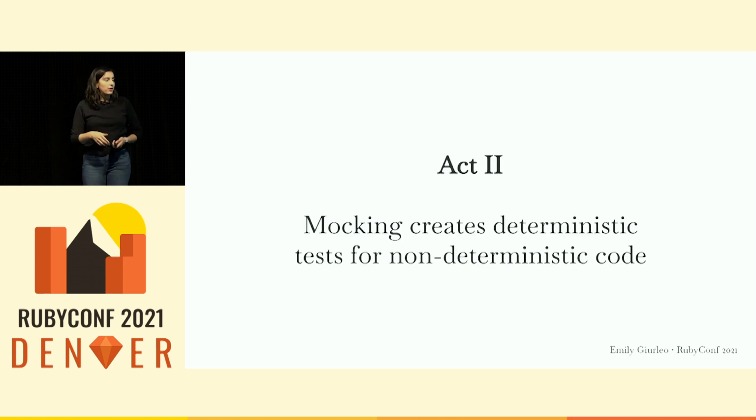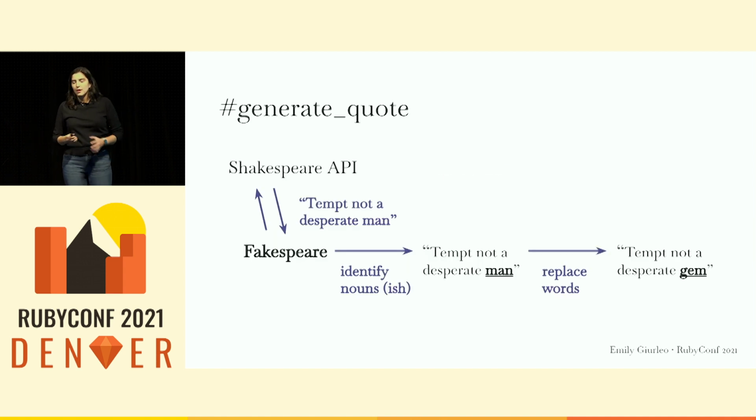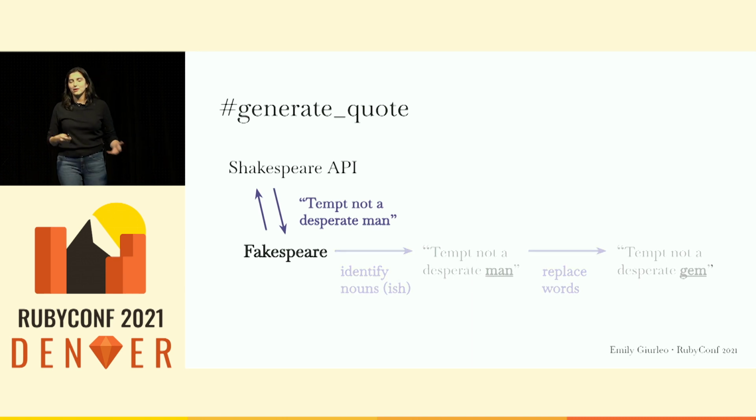The second scenario I wanted to talk about is when mocking can create deterministic tests for non-deterministic code. An example of what I mean when I say non-deterministic is an error case that happens when you least expect it. Remember we said that the first thing the generate quote method does is perform an API request.